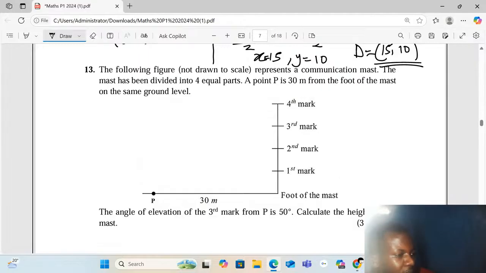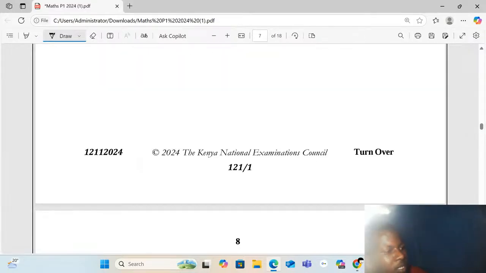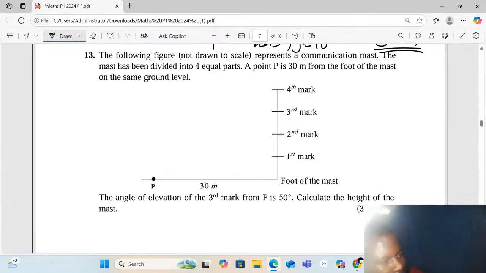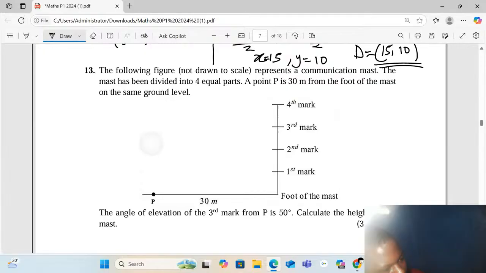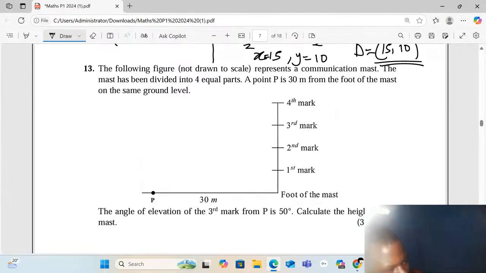So the third mark, this one, sorry, the third. So we can have something like this. You can connect the third mark and point P this way.